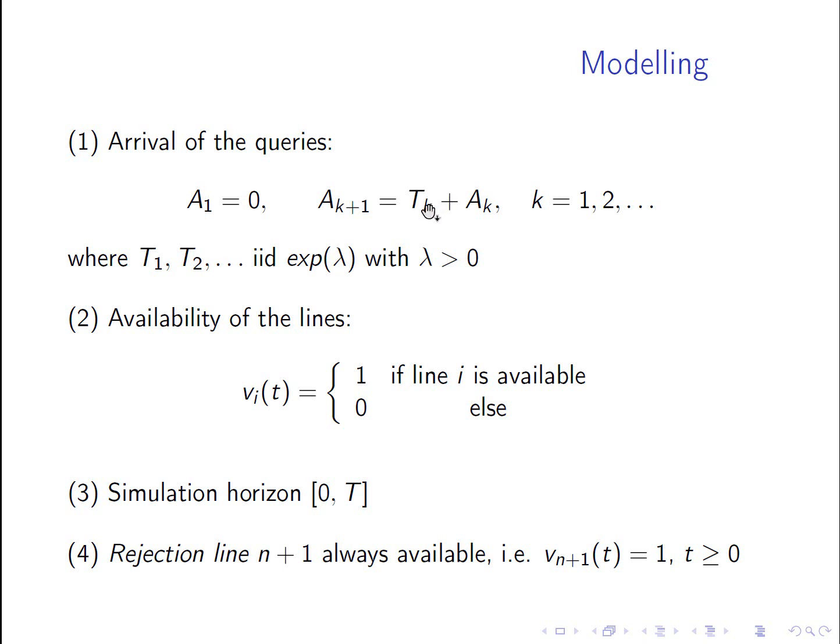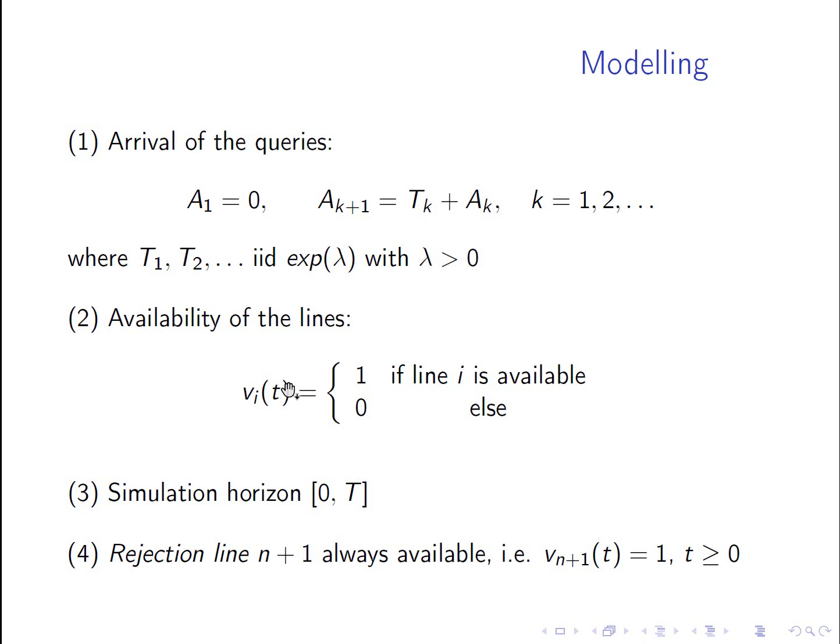So T_k are the inter-arrival times. For the arrival times, we have a_1 equal to 0, and then a_{k+1} is T_k plus a_k. That's the model for the arrival of the queries. Well, and how do we model the availability of the lines?